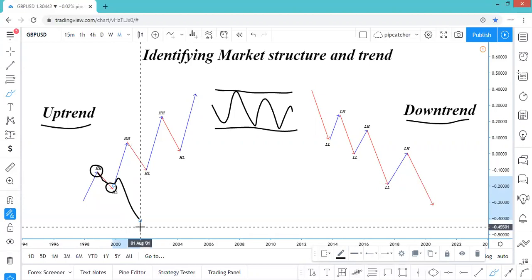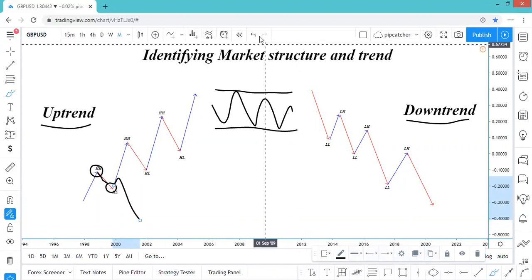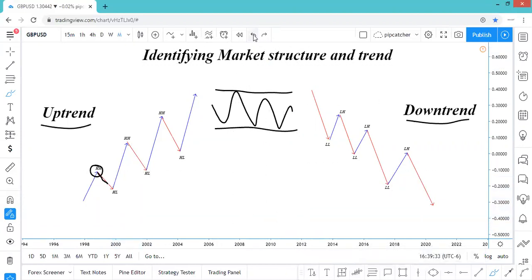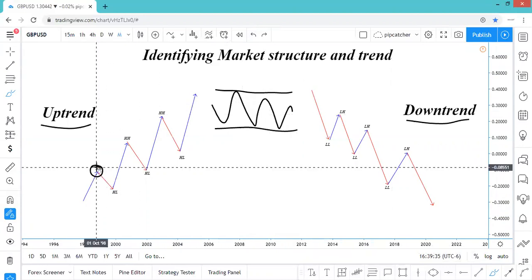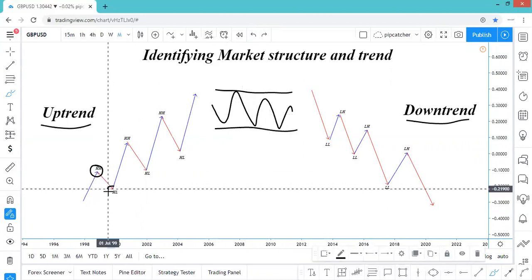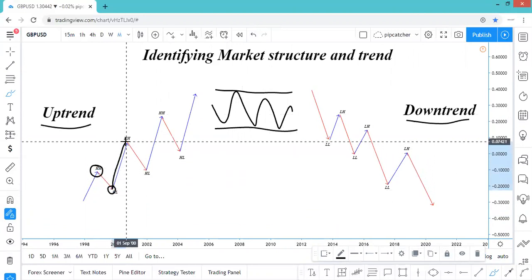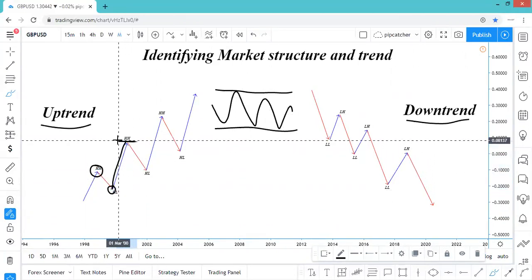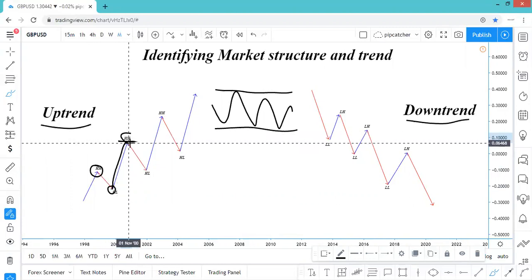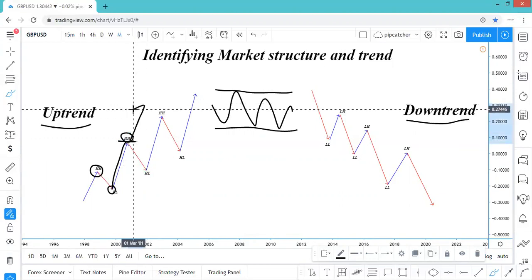So it could go lower, but in this instance right here, we have a high and then a low, and then the market trades higher, creating a new high. So this is a higher high. Now, the market could just keep flying up like this, right?